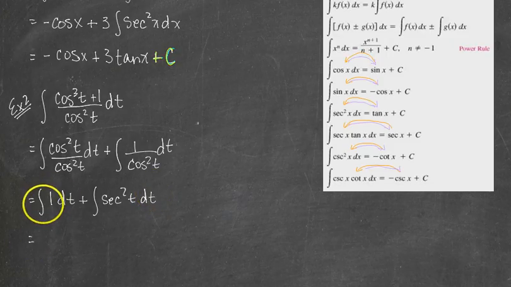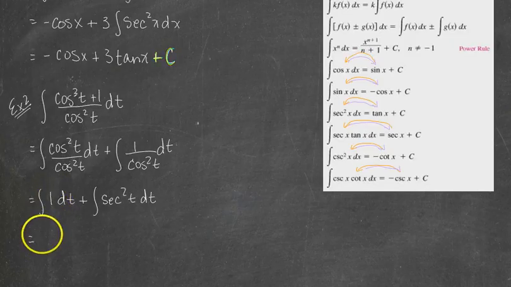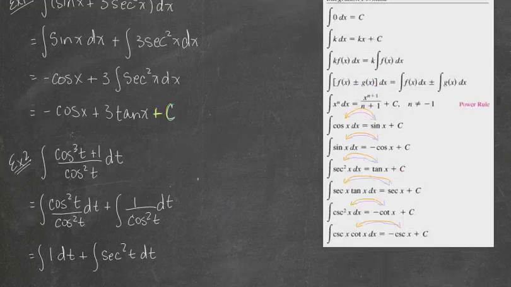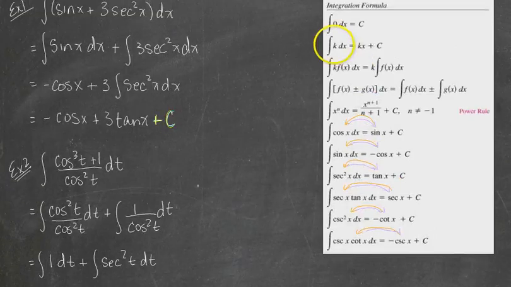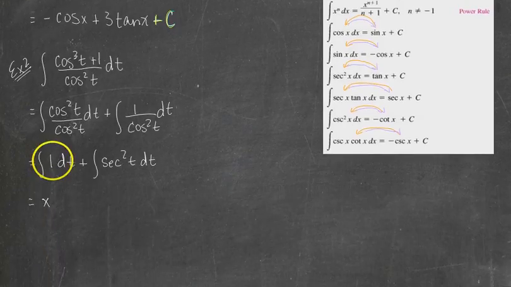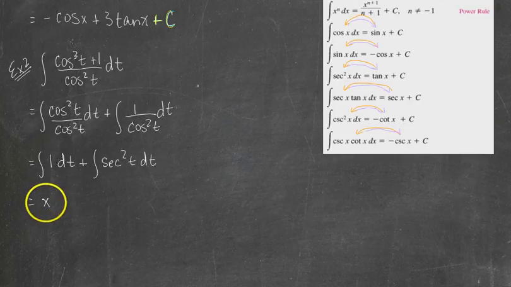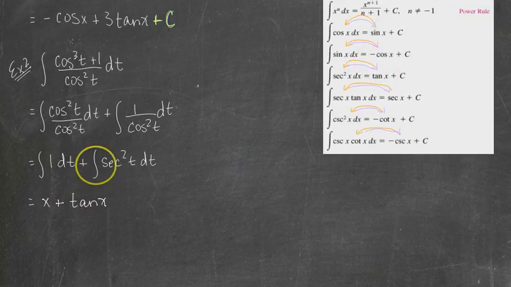Well, we know that if I'm looking for the antiderivative of the number 1, the antiderivative of any constant is just that constant times the variable. So a constant k means kx. In this case, my constant is 1, so 1x, or just x, plus, using my rule, tan x is the antiderivative of secant squared.